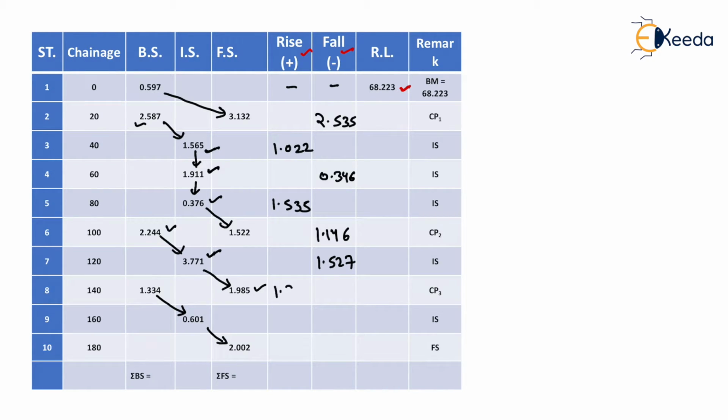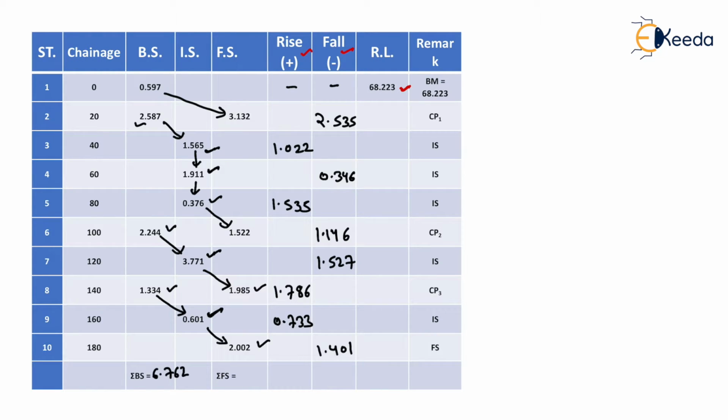So we will write 1.786 here. On subtracting 1.334 and 0.601, we will get a positive value, that is 0.733. Similarly, on subtracting 0.601 and 2.002, we will get a negative value as 1.401.